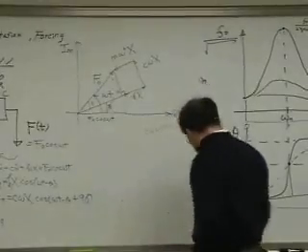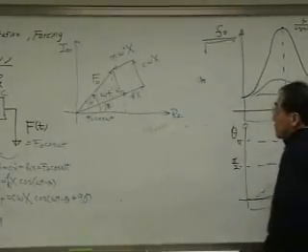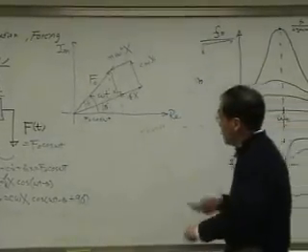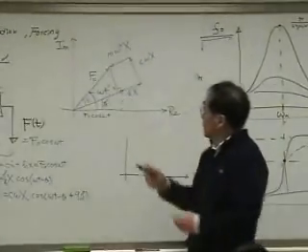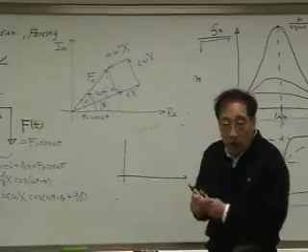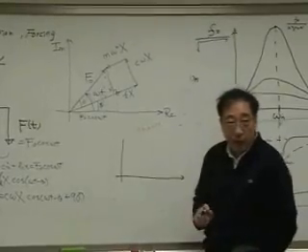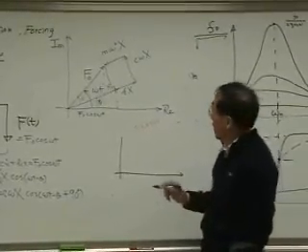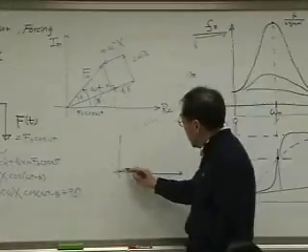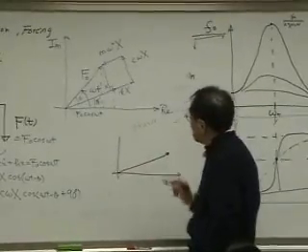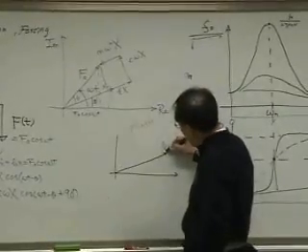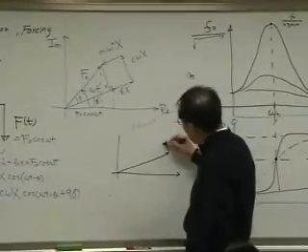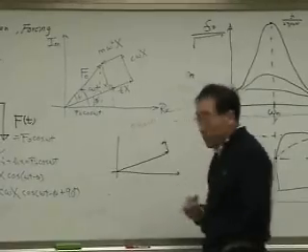What happened? Omega square shrinks very rapidly. This one, the phase length, omega shrinks, but omega n square shrinks very rapidly, right?